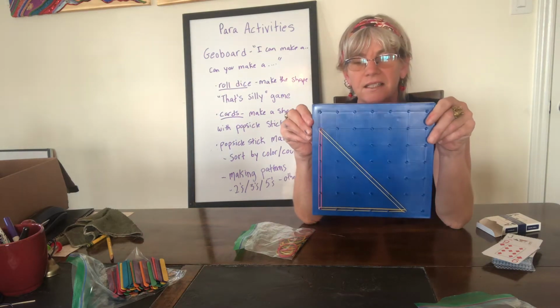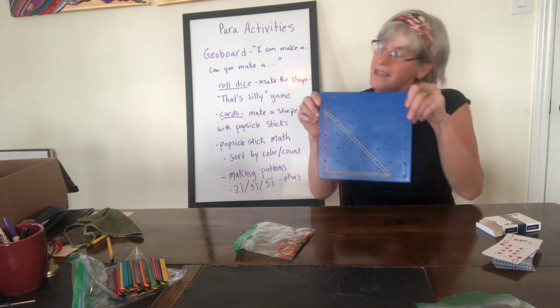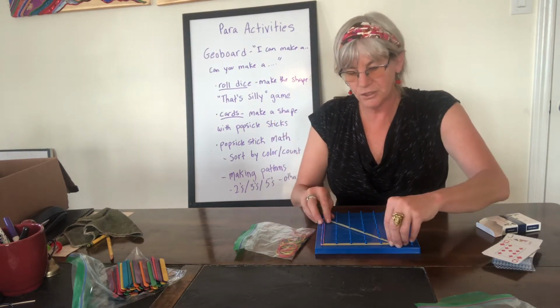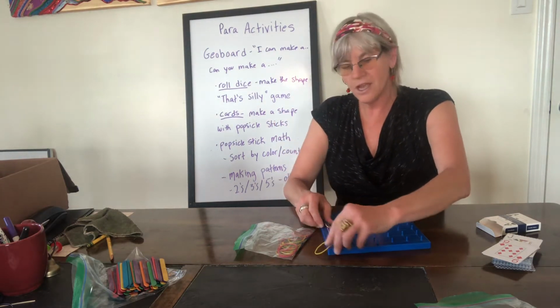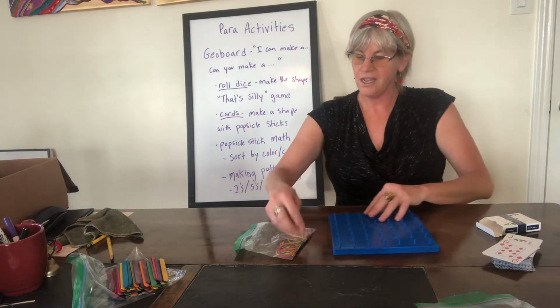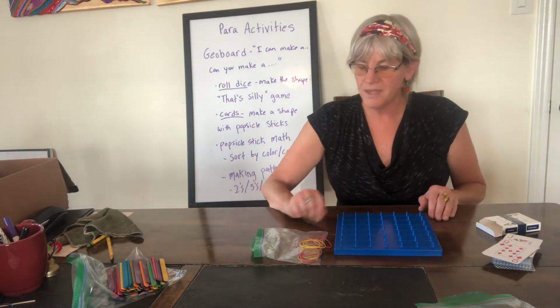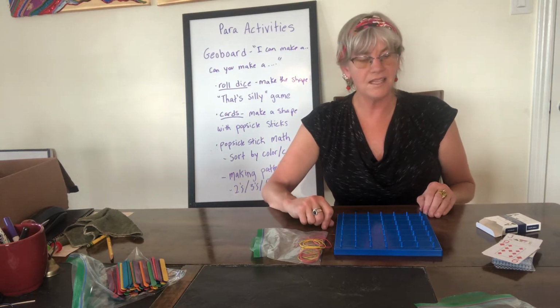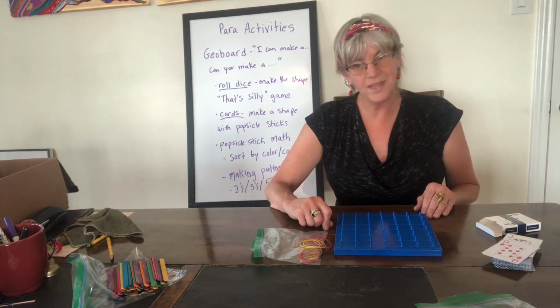It's called I Can Make A, Can You Make A? I can make a triangle, can you make a triangle? It could be any other kind of design that they want to challenge, and they take turns going around the group and seeing if they can replicate the design that their classmate or the para has made.